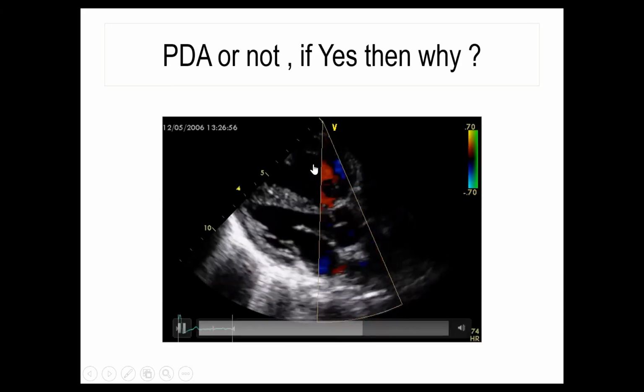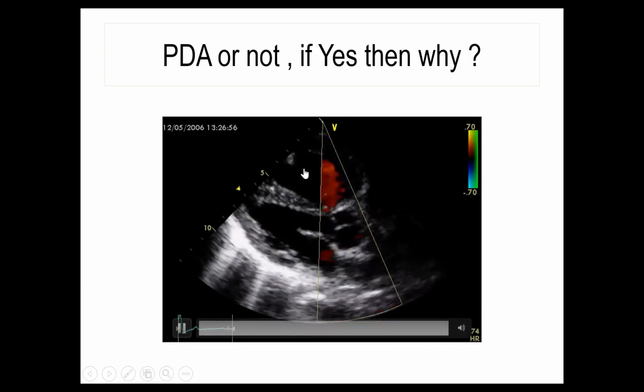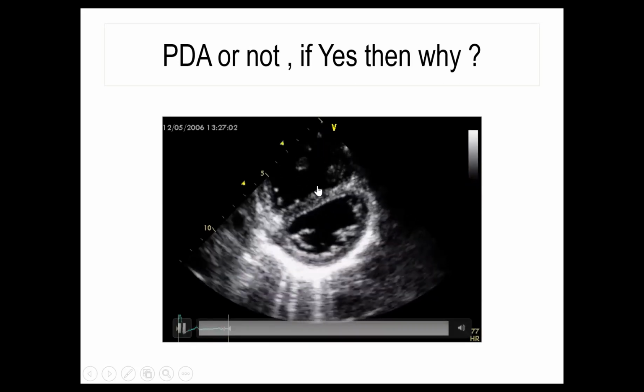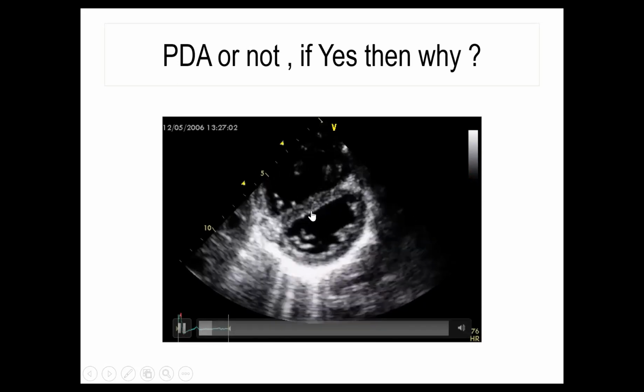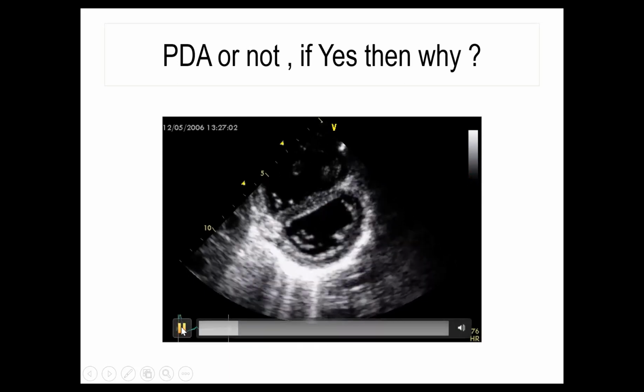Now in this patient, look, RV is bigger than LV. With every systolic contraction, the interventricular septum is bulging towards LV. It means RV pressure is more than LV pressure during systole.